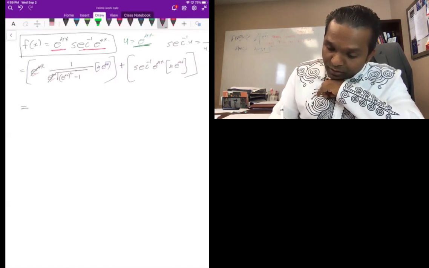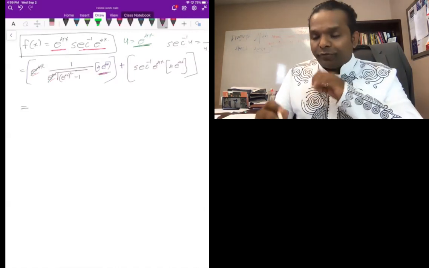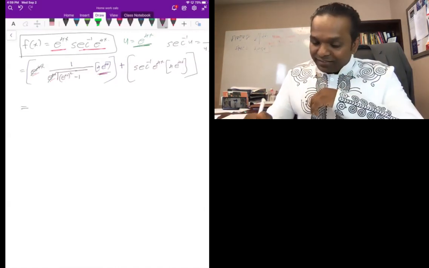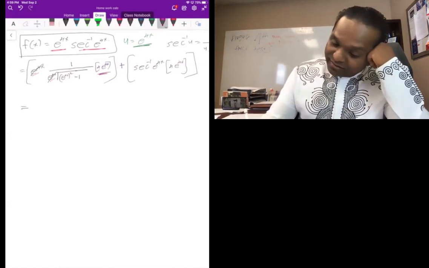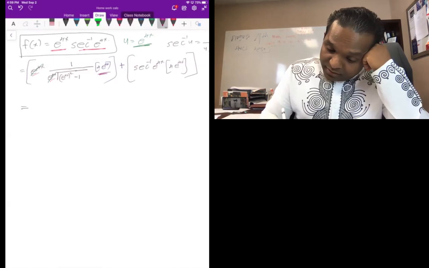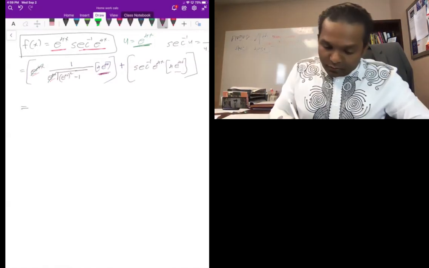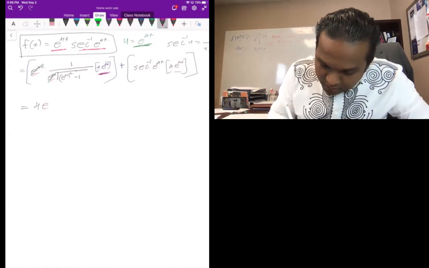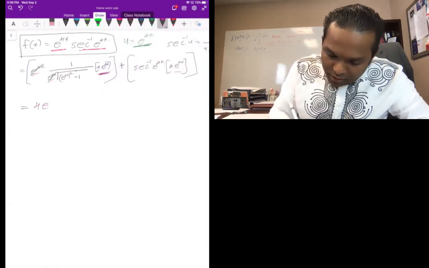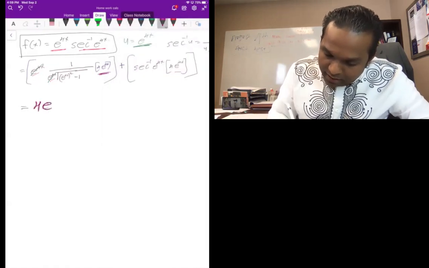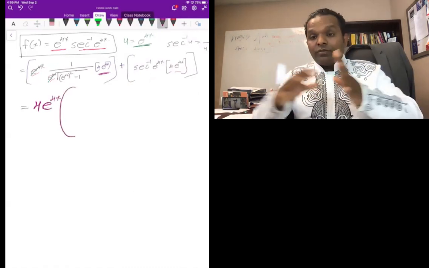So now we can do one more thing. This 4e to the 4x, pardon my language and accent. We can see this common thing in both terms, so we can factor this out. So we write 4e to the 4x, we factor that completely out of the whole thing.